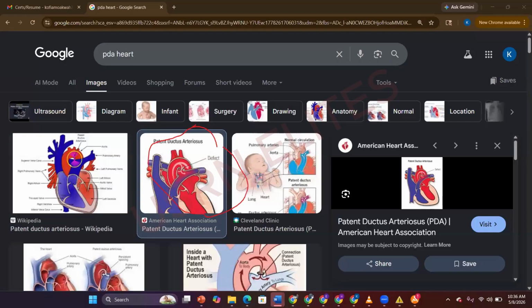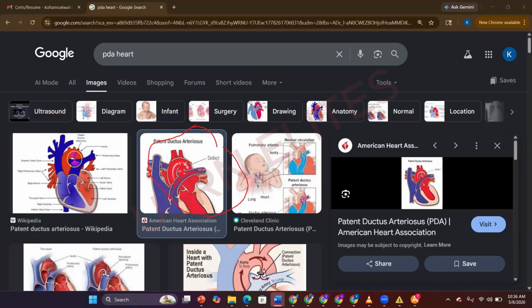So that is the ductus arteriosus. This is the connection from the pulmonary artery going to the lungs, right? Then there is the aorta, which is supposed to supply the rest of the body with oxygenated blood. So you have a connection between the aorta and the pulmonary artery.